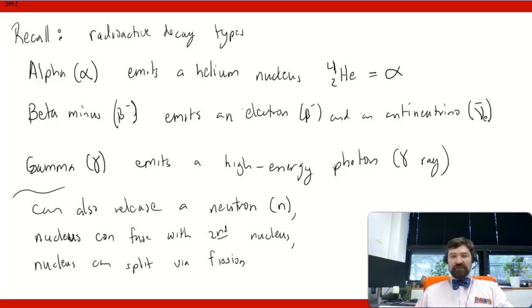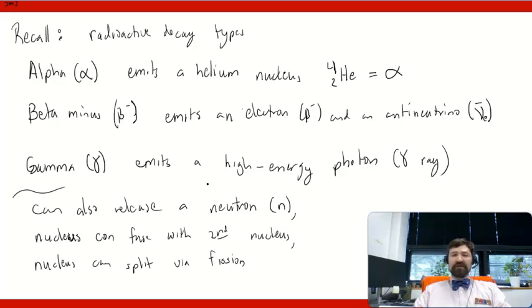The result is that you get a helium atom, which has 2 of each, 2 protons, 2 neutrons, and 1 spare neutron, which is released with some kinetic energy, like 14 or so MeV, mega electron volts of kinetic energy. So that's a fusion reaction.